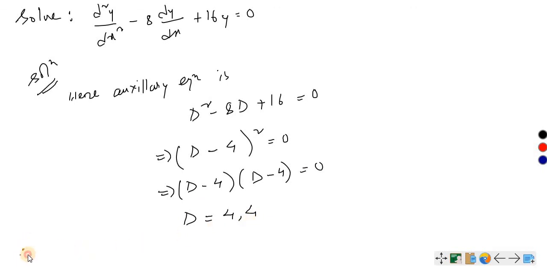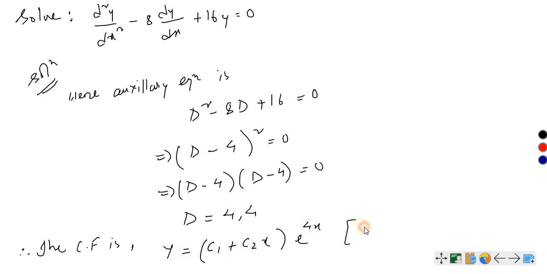Therefore the complementary function, the CF, is y equals (c1 plus c2x) e to the power 4x.